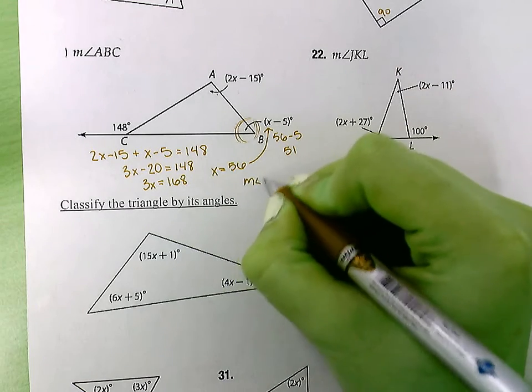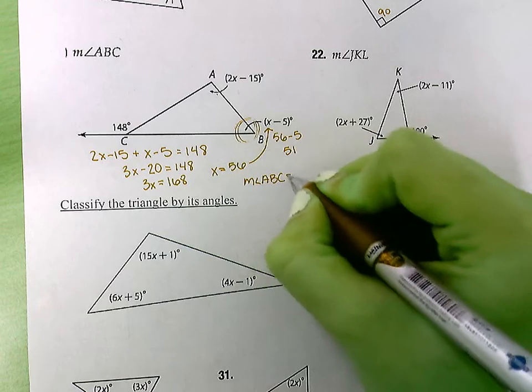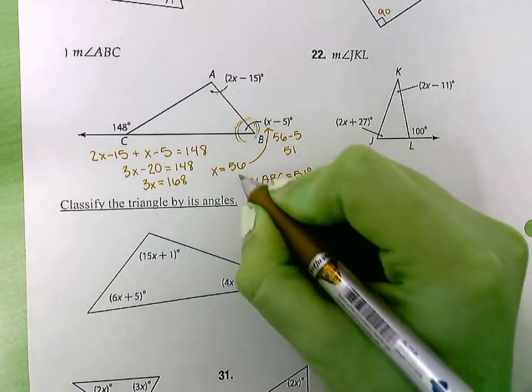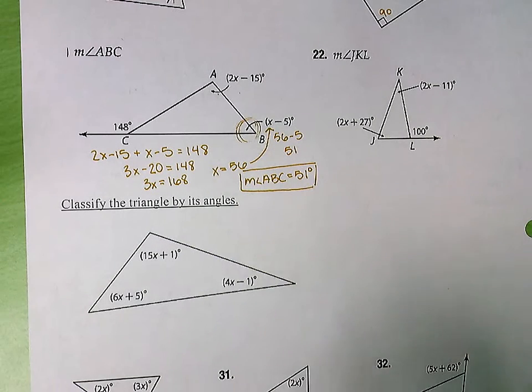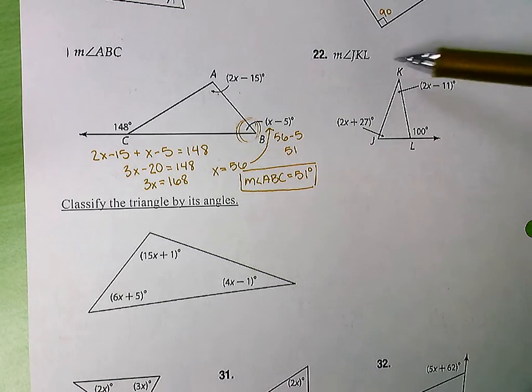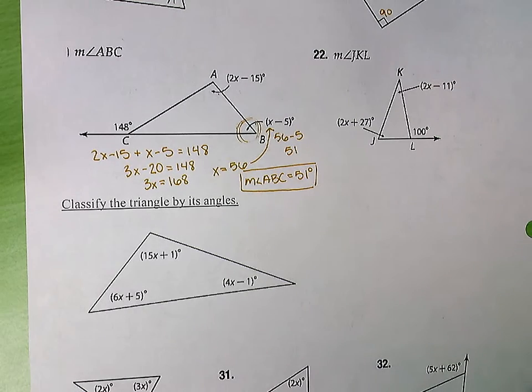So the measure of angle ABC will be 51 degrees. Questions on how I set that problem up? All right, then I want you guys to do that next one there. Find the measure of angle JKL.